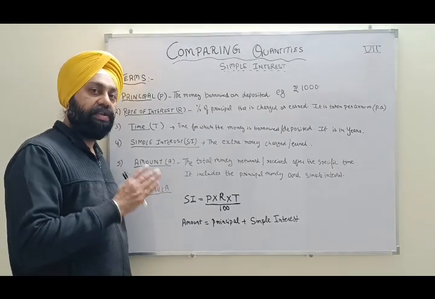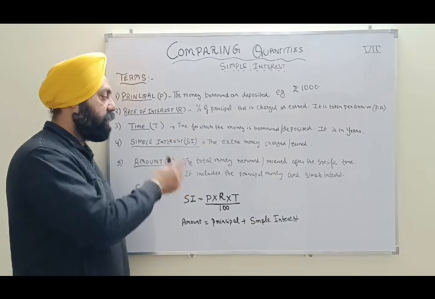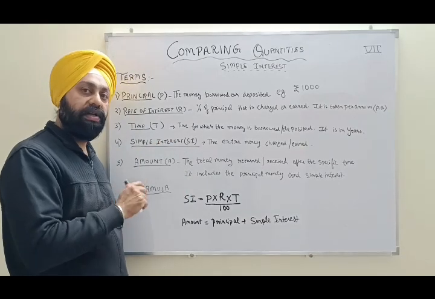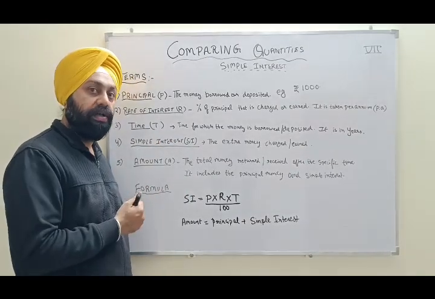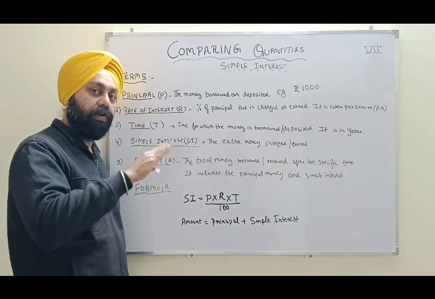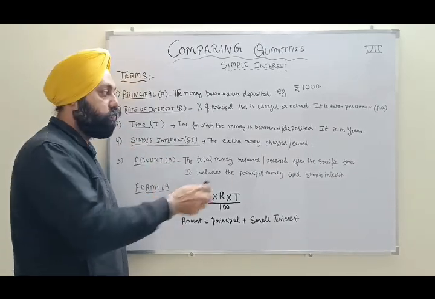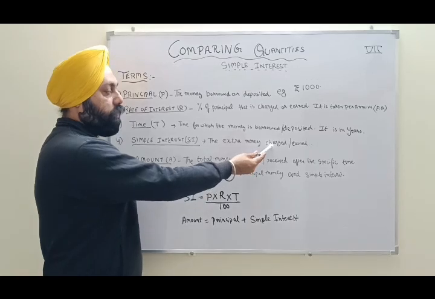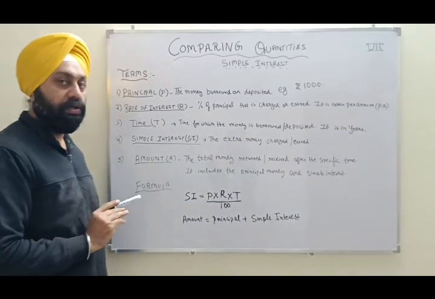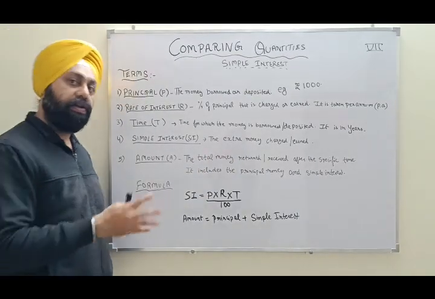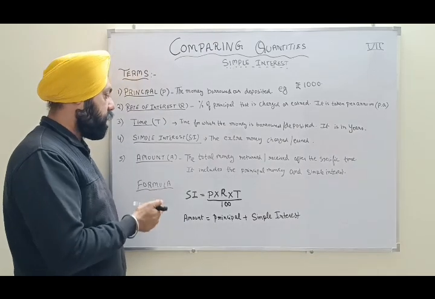Whatever is the extra money that the bank gives to you, that is your simple interest. Similarly, if you have borrowed 1000 rupees from your friend and you have to return 1200 rupees, that 200 rupees extra which he has charged from you will be the simple interest. As we do the questions, you will get it more clear also.